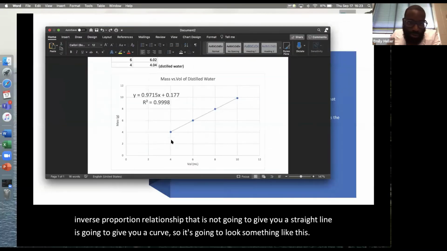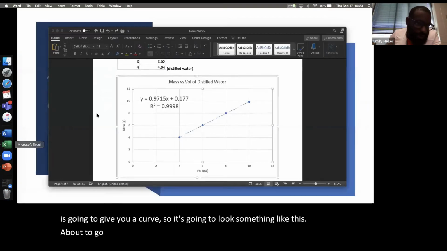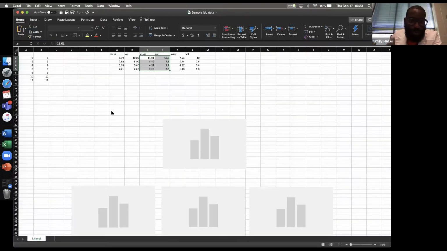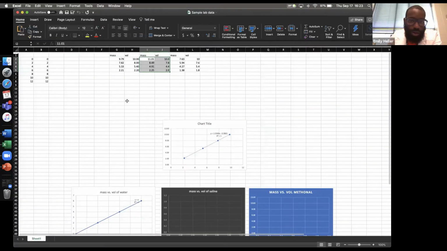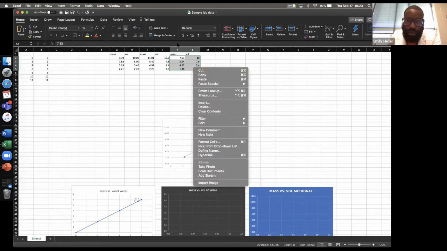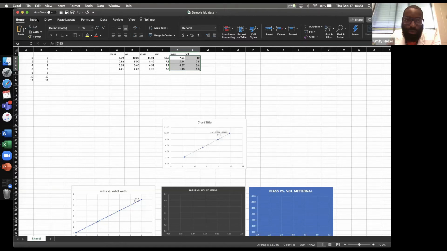All right, if I was to go to Excel, let's open up some sample data. Let's say I want to highlight this data here, and I want to insert a graph. Insert chart.